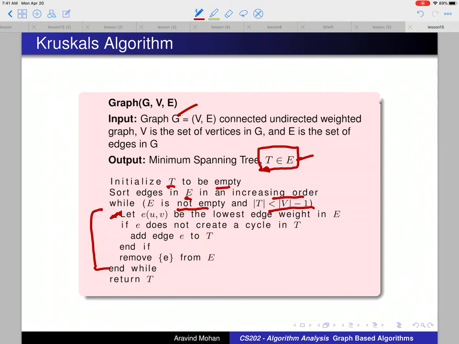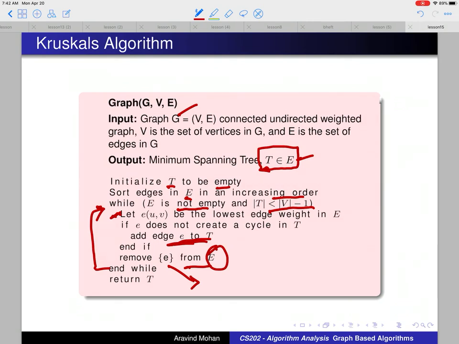If e does not create a cycle in T, then we add that edge to T. And then we remove e from capital E, right? So this particular edge is removed from the set of edges. And then again, you go back to the while loop and you run that condition again.